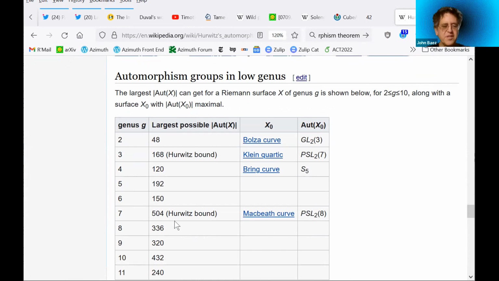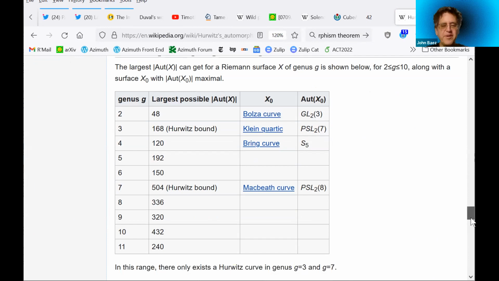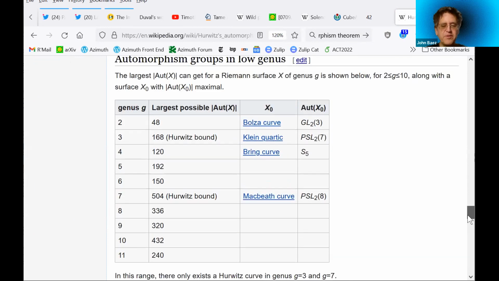Yeah, Macbeath is the next one that hits the bound. Well, those are mystical numbers, 3 and 7. Is there another one below that? No, they don't list any, and I think those are the only ones up to that point. So I guess they're sort of rare.